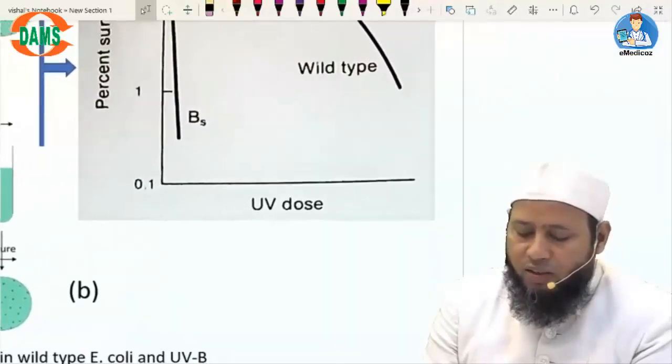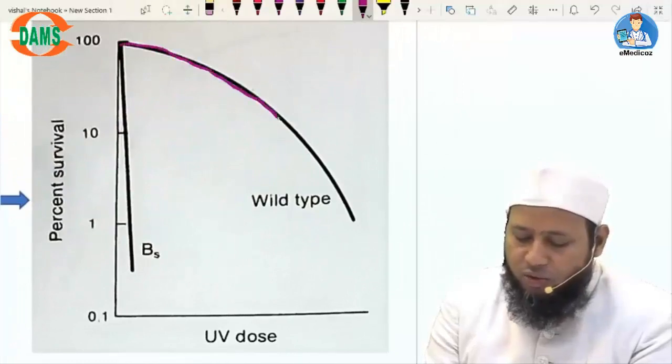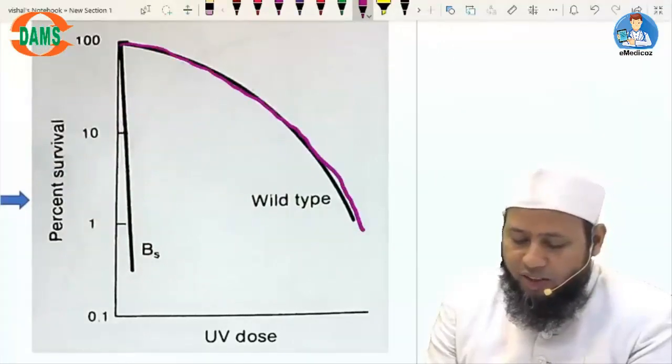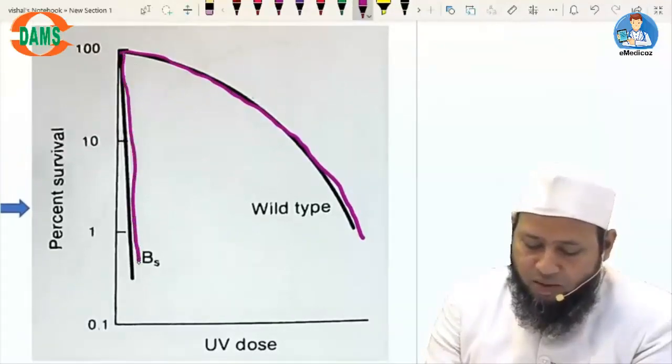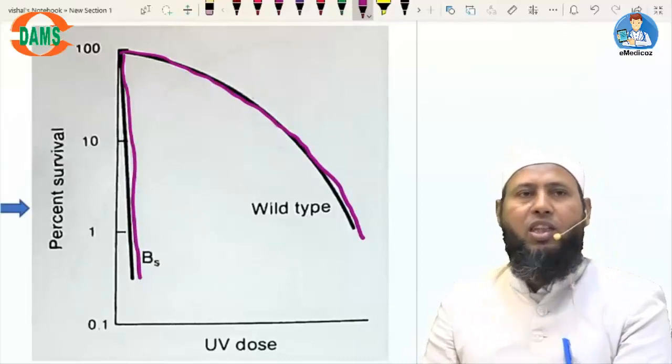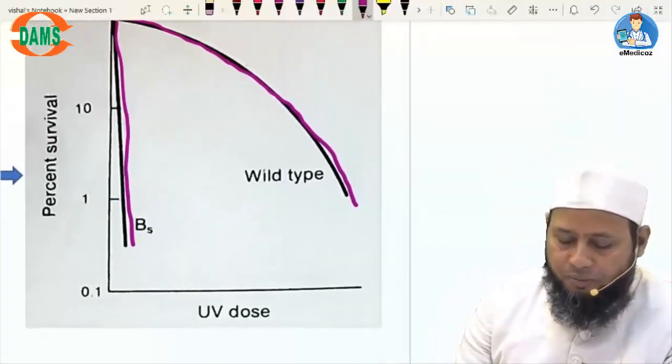When we plot, we find that the wild type cell gives a DNA damage response like this, and the mutant strain gives a mutagenic effect response like this.